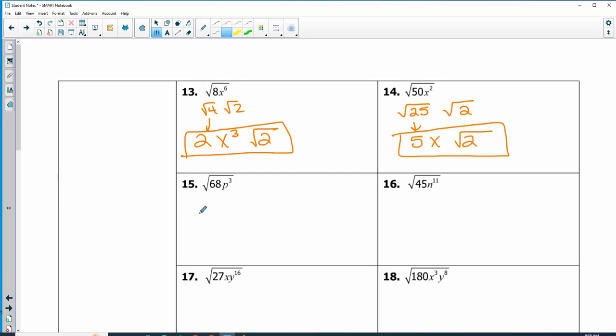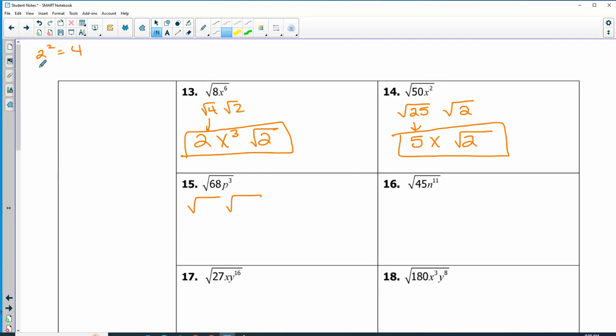Okay, what about 68? So if I need a perfect square that goes into 68, it breaks into 34 and 2, but can I do the square root of either of those? No. So what about, remember our perfect squares. 2 squared is 4.